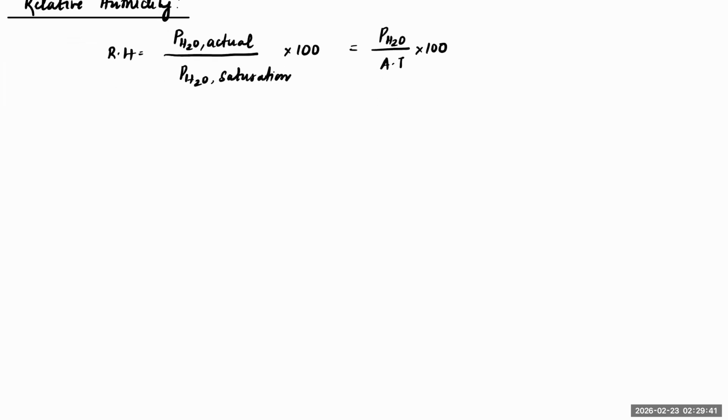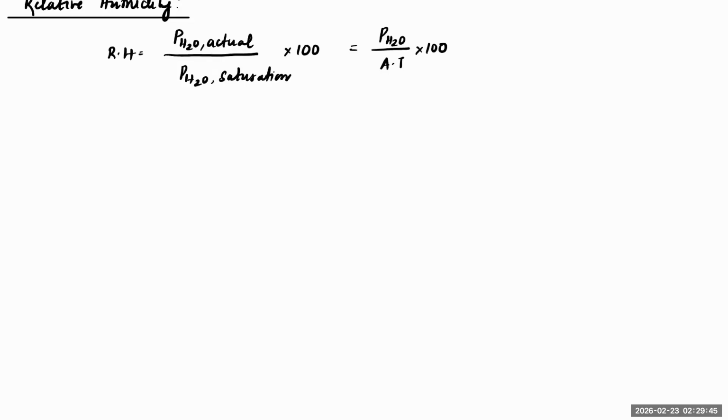RH is the vapor pressure of water, which is the actual value, divided by the vapor pressure of water when it is saturated, the saturation value. This saturated vapor pressure is also called aqueous tension. So sometimes the formula is given like this: partial pressure, vapor pressure of water divided by aqueous tension into 100. If you notice, this is the formula.